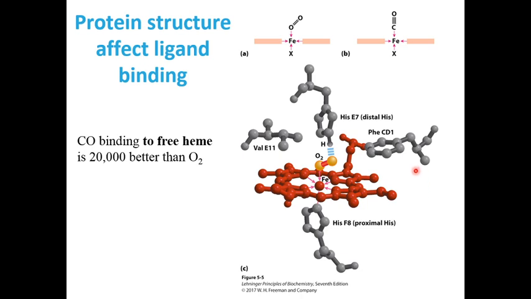So how does this happen? When heme is bound to myoglobin, its affinity for oxygen is selectively increased by the presence of the distal histidine, which is histidine E7.